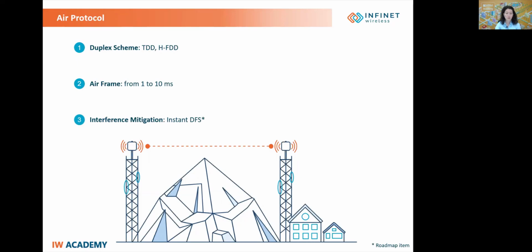Instant DFS represents a set of algorithms operating on top of the mandatory DFS and radar detection, providing background spectrum scanning and zero downtime channel reselection in case of congestion or radar detection. The unlicensed spectrum implies availability for any operator. This means that the noise and interference levels will constantly change over time.